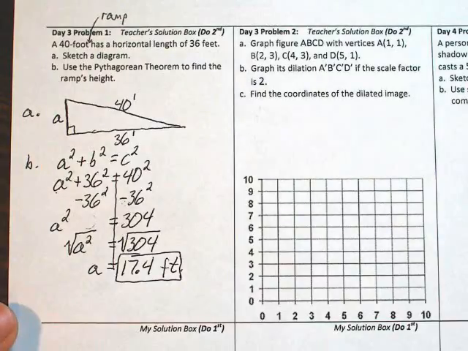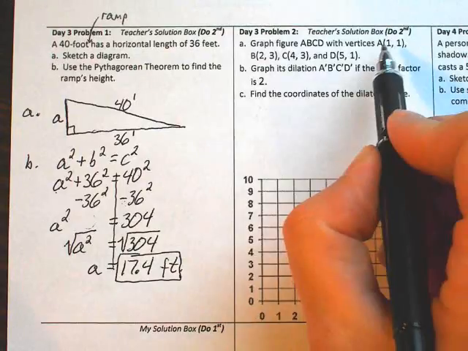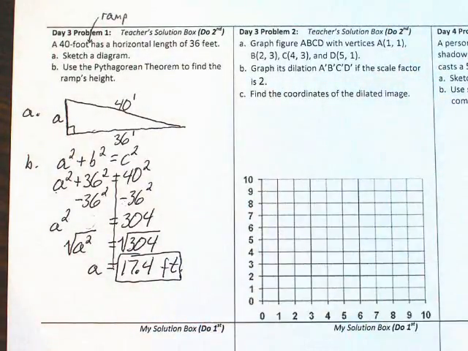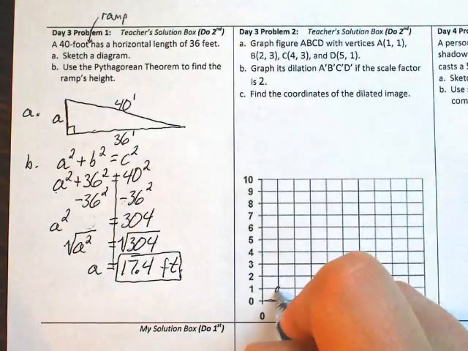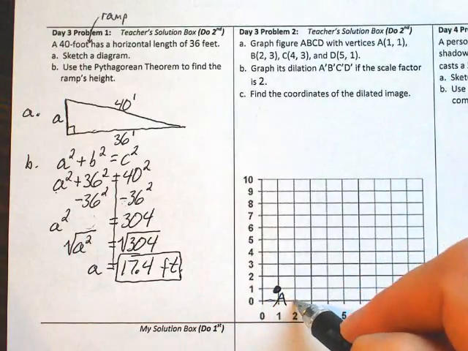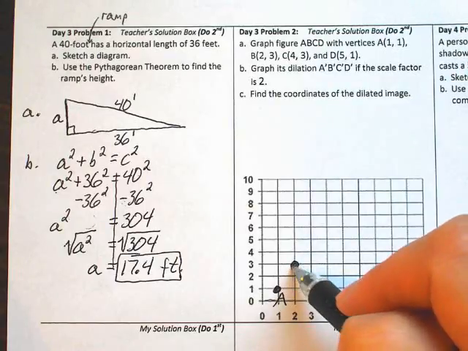Now, day 3, problem 2. Graph figure A, B, C, D, and we are given the coordinates of point A, B, C, and D. So point A, 1, 1, that is here. Point B, 2, 3, here.